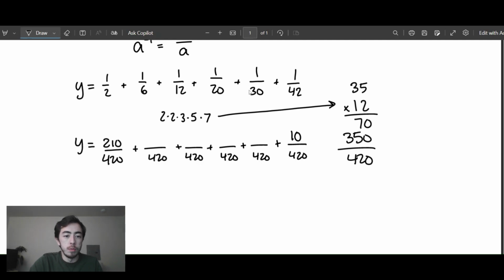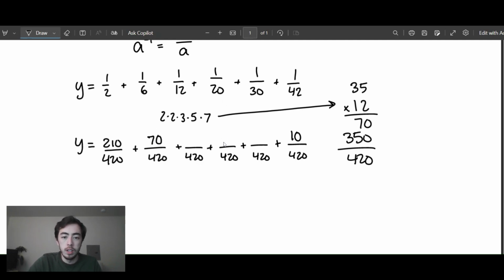Now it gets a little bit harder. Let's see. A sixth is a third of a half, right? Yeah. So I could reduce this down to a third of itself. So 70 makes sense. Oh, also, yeah, 42 divided by 7 is 6. So I see that fact family there.